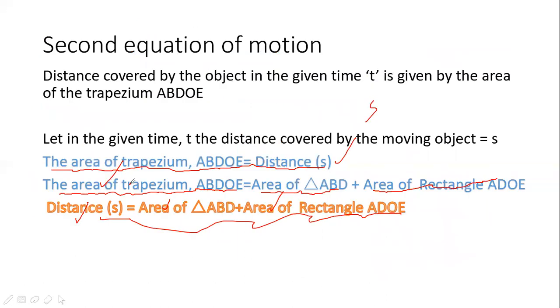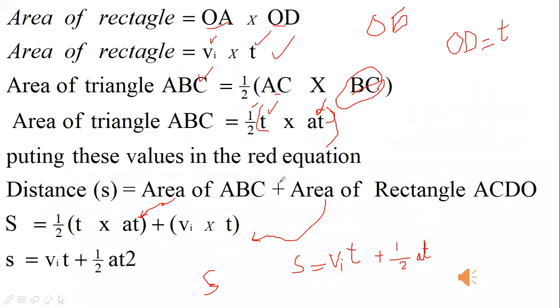Second equation of motion. You will calculate the area of trapezium. The whole diagram is called trapezium. In that diagram you will calculate the area of triangle separately and area of rectangle separately. Then take the sum, and you will get the second equation of motion. Area of rectangle is equal to length cross breadth.